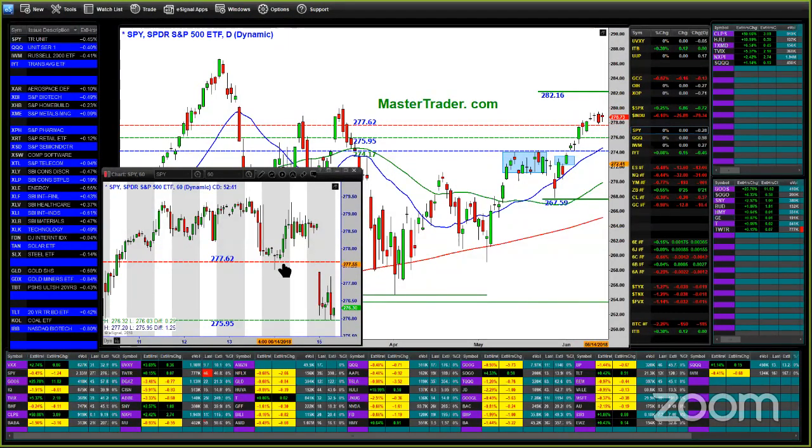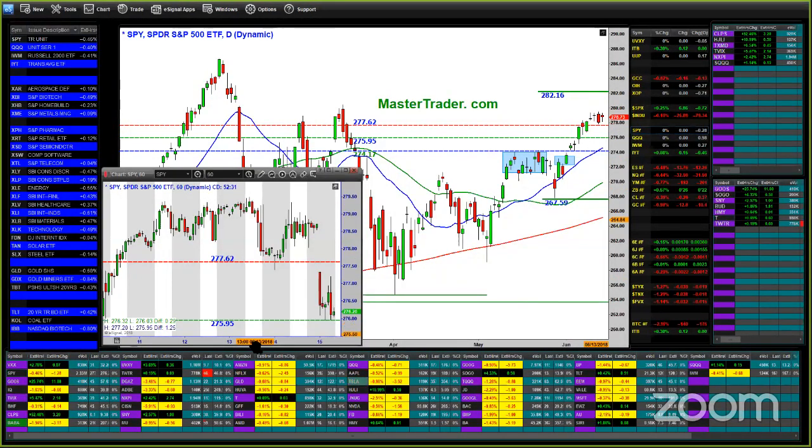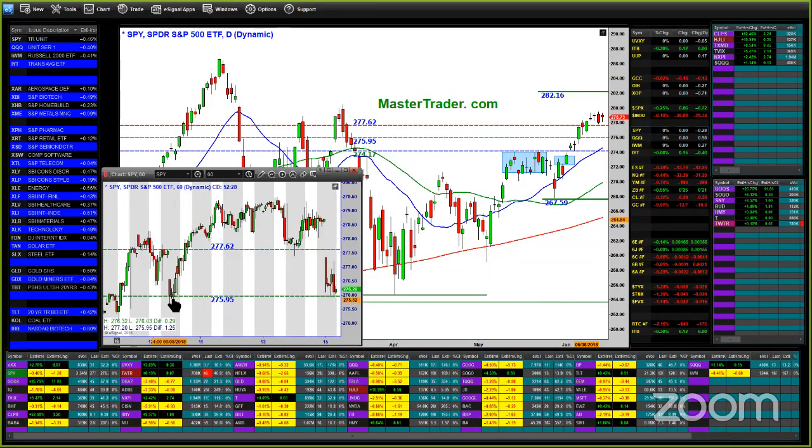Whoa. That's a gap down under that low. And it kept going, and it's down at this next support point, which is based on overnight information.